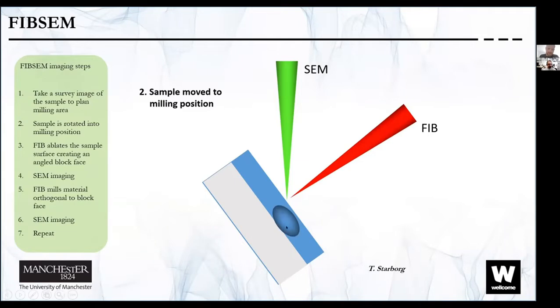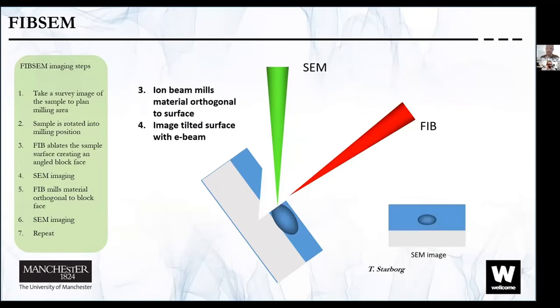Then you decide where you want to mill. Importantly, uniquely for this technique, the sample when it's being imaged is actually tilted because the beam mills in a straight line. So in order to mill correctly, you have to tilt the sample. Some modern ones tilt the sample back for imaging, but it's not important to know. So then you mill away a big trench, and this reveals a nice flat block face similar to SBF-SEM.